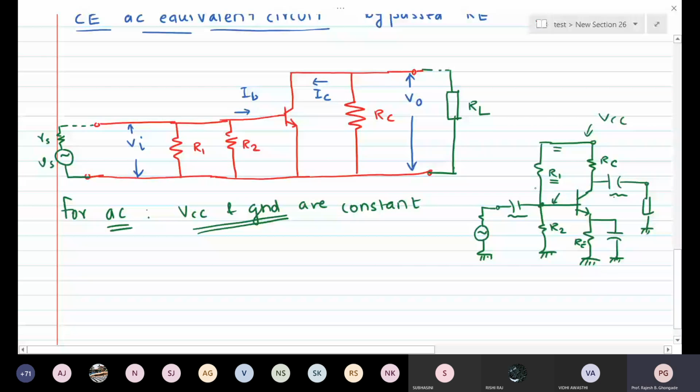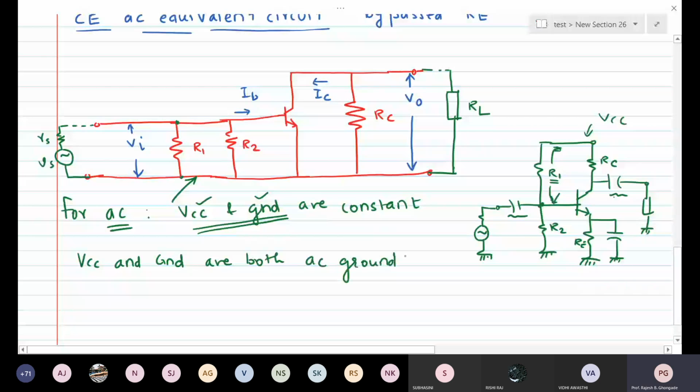Here, one end of R1 is connected to the base and another end is connected to a common point, because we have already said that as far as AC is concerned, VCC and ground are one and the same. So this R1 and R2 literally appear in parallel like this, because this point is AC ground. Okay, this point is AC ground. So VCC and ground are both AC grounds.